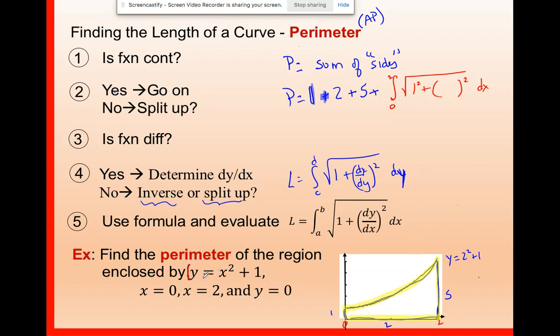And y is equal to x squared plus 1. Y prime is 2x and has no issues. So 8 plus whatever this is. Didn't write it down, sorry. That is my perimeter.